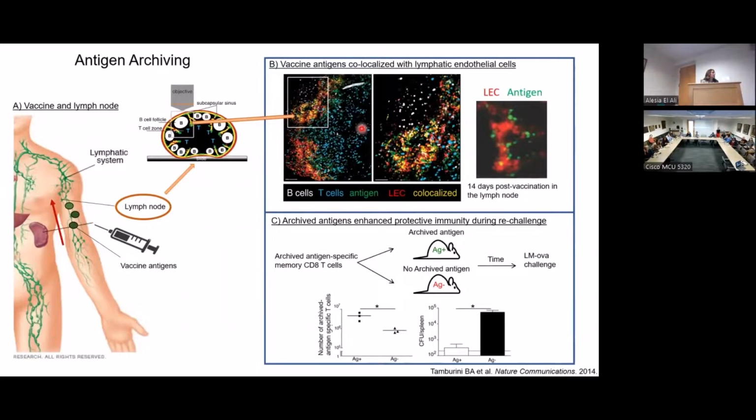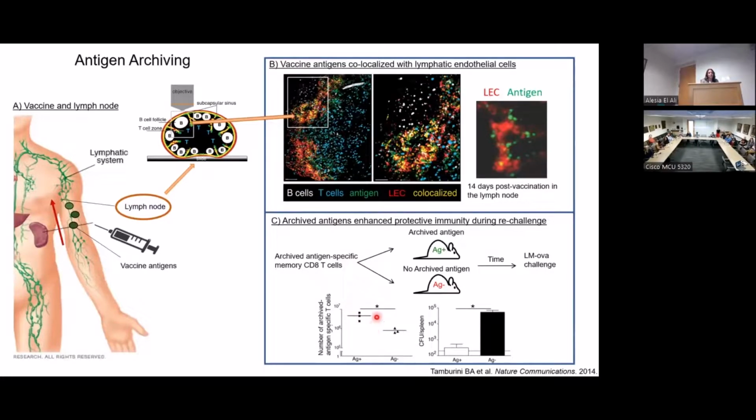So we transferred memory CD8 T cells, just some memory T cells, into mice that either did or did not have archived antigen. These CD8 T cells were specific to this type of antigen. Then we waited and challenged these mice with the antigen that the T cells were specific to, and we asked whether the presence of the archived antigen was important for enhancing protective immunity.